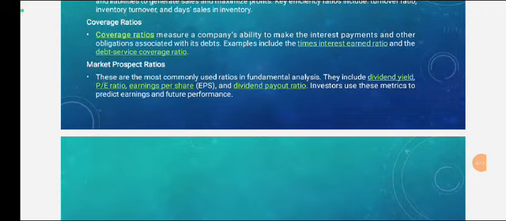And the ratios which are related with the stock market and with investments. The most commonly used fundamental equity ratio is the market prospect ratios. It includes the dividend yield ratio, price earning ratio, earning per share, and dividend payout ratio.